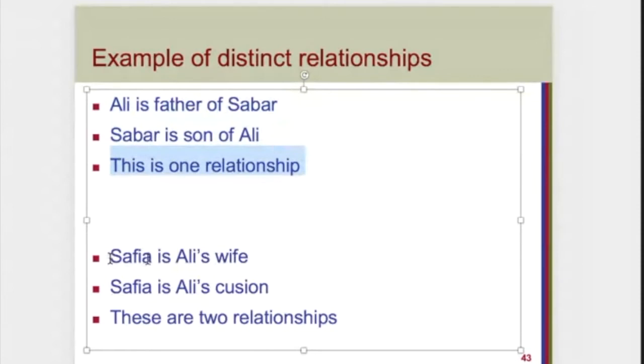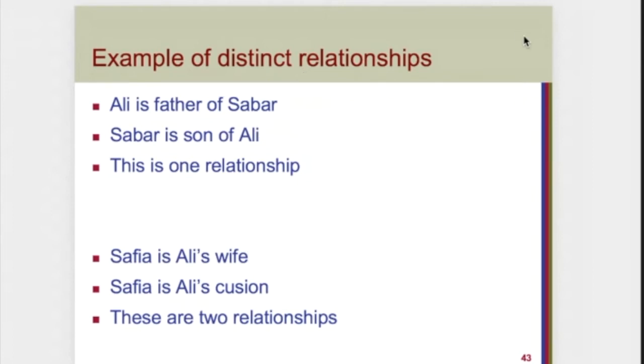Second, if I say Safiya is Ali's wife, and then I say Safiya is Ali's cousin, are these two relationships or one? Of course, two. If I say Safiya is Ali's wife, or I say Ali is husband of Safiya, this is one relationship. So you can easily find out whether these are one relationship or two. Only direction does not change the number of relationships.